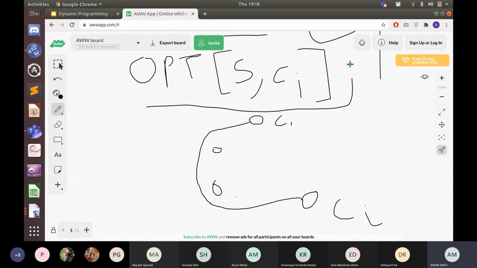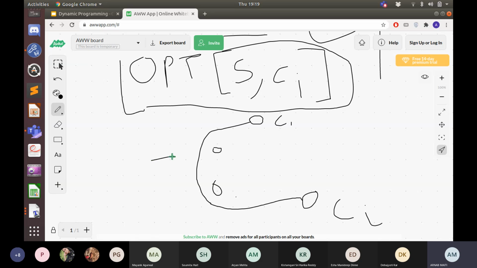What this cell tells us is that, for all possible such tours, if you start from C1 and end up at Ci, covering all the vertices of S, what is the least possible length of the path?